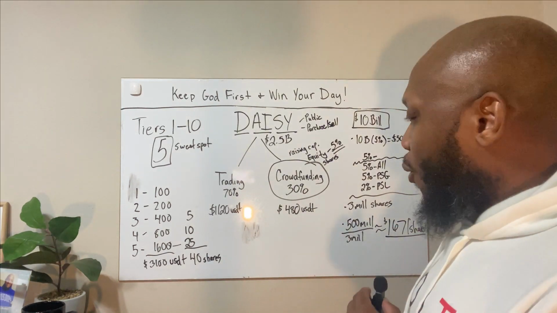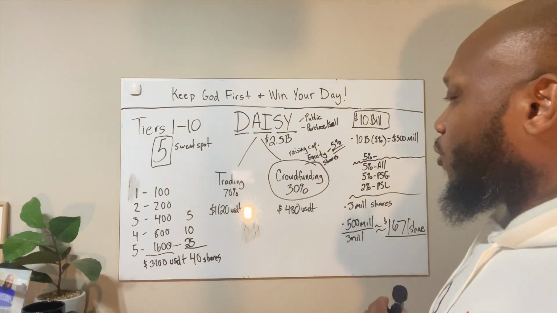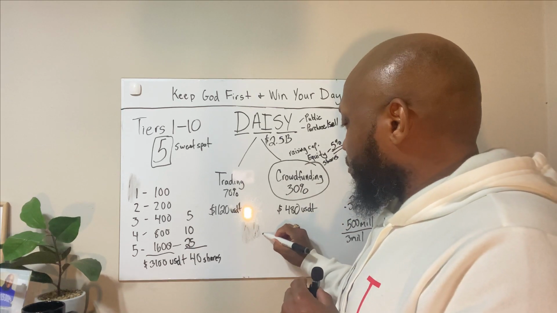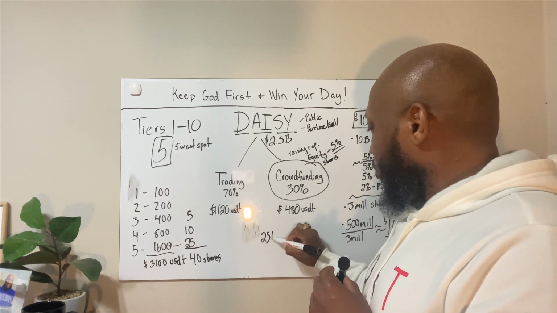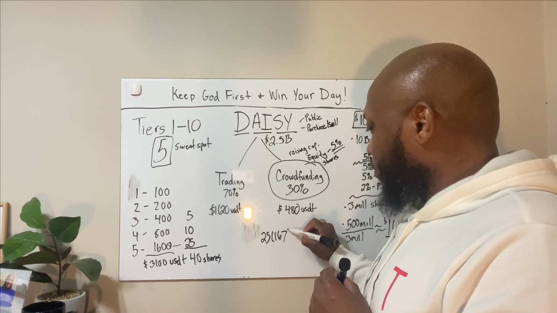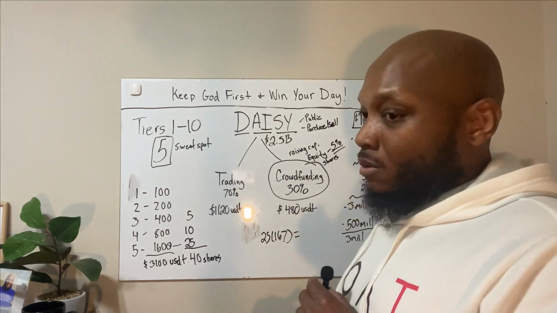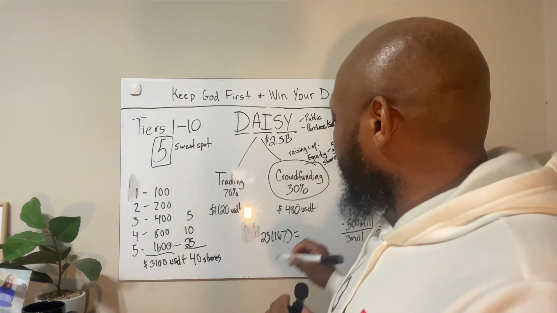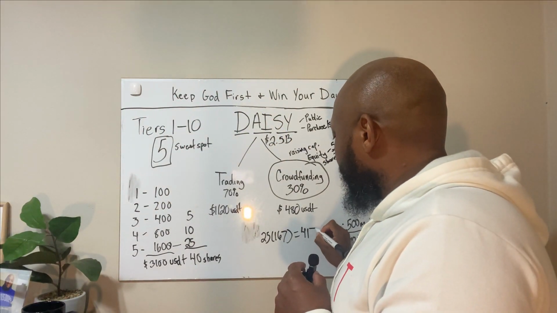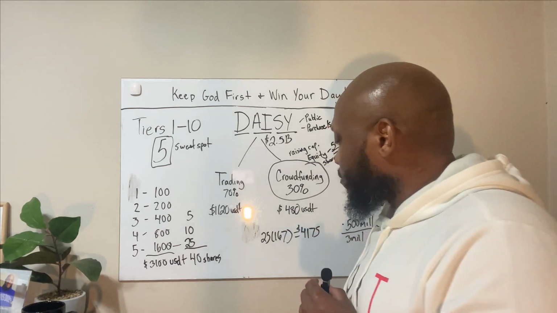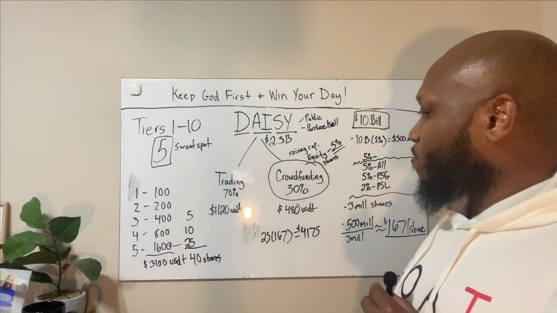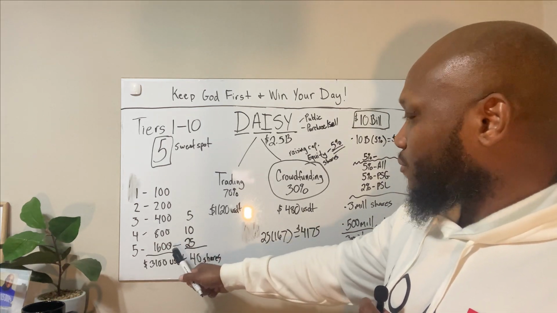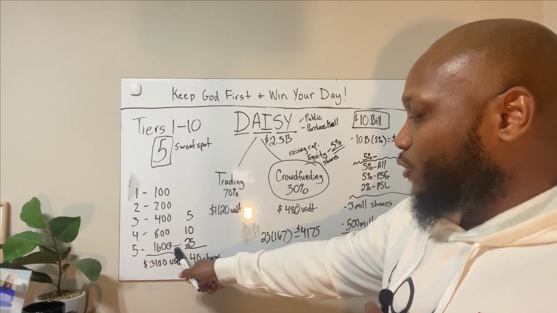So now, what does that mean? Well, if you're at tier 5, you got 25 shares times the value of that, $167. So 25 shares at $167, that comes out to be $4,175. Okay. So for participating in tier 5, your investment was 1,600.